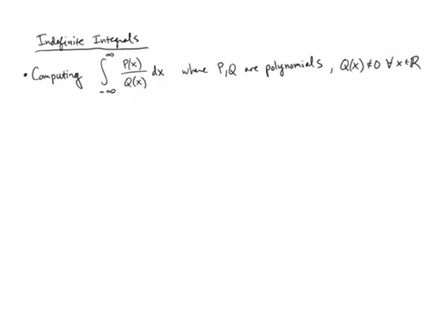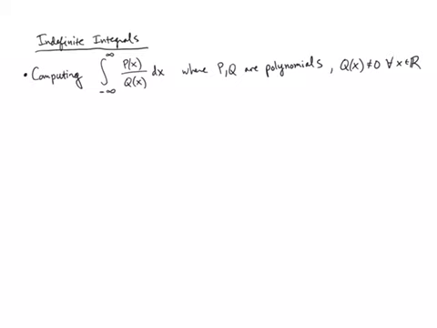Okay, so now we're going to look at computing some indefinite integrals using the residue theorem. So the first class of examples is going to deal with rational functions, so quotients of polynomials, and our denominator polynomial is not going to be 0 for any x in R, so that our function is continuous on all of R. And we're taking the integral over all of R of these rational functions.